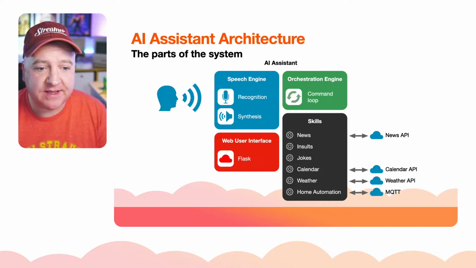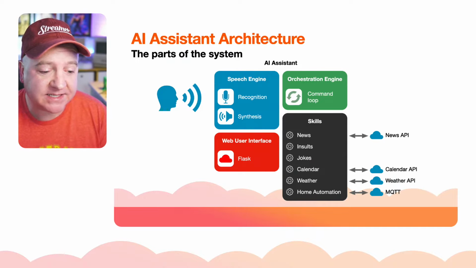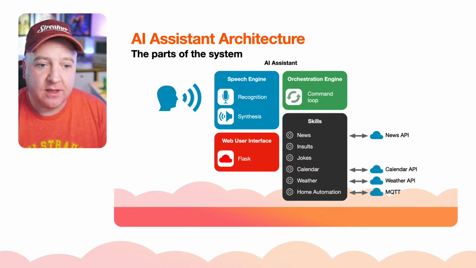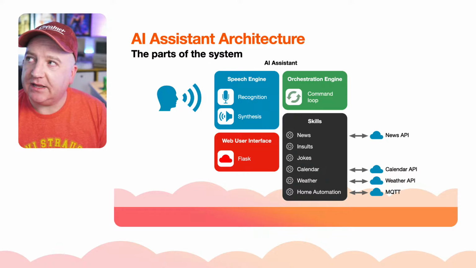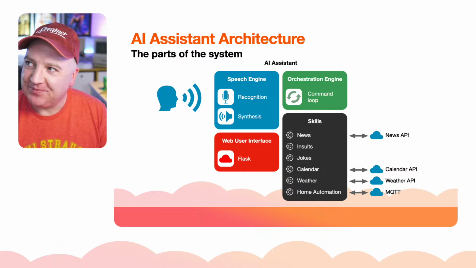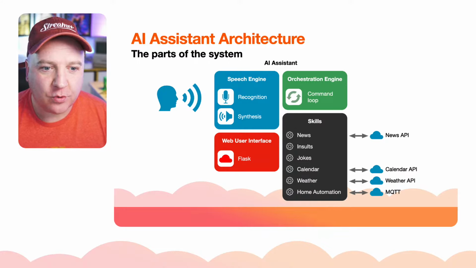The web user interface, like I said, is using something called Flask. Flask is a Python web framework, similar to things like, what's the name of the other one? My mind always goes blank when I do these live streams. Drupal, not sure if it is that one. Anyway, we'll come to that.